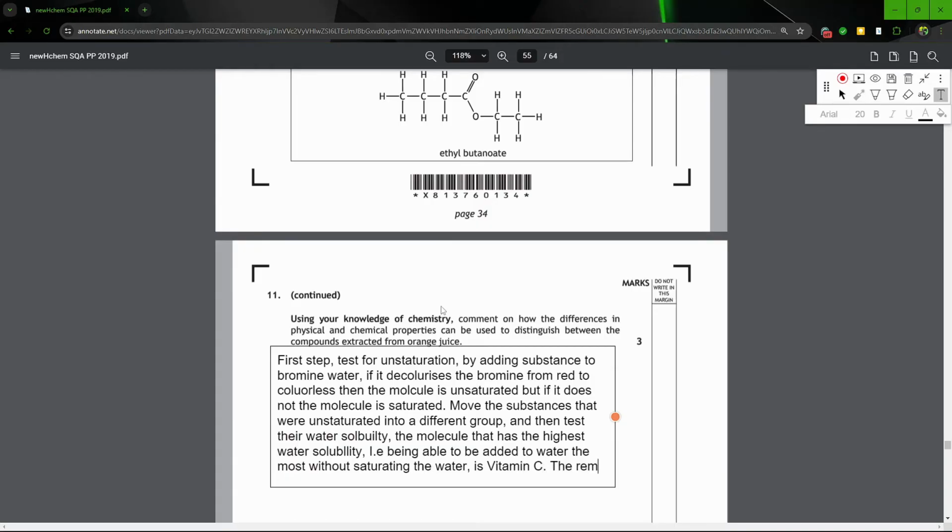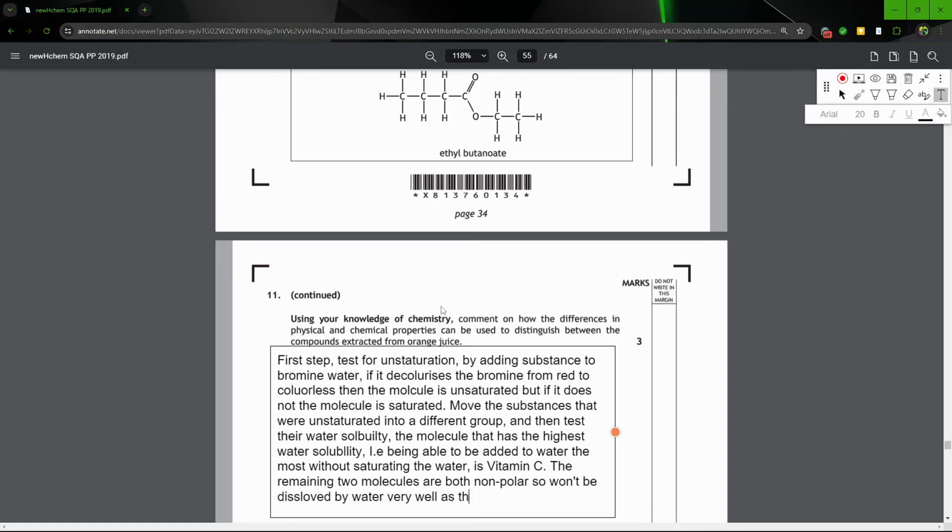The remaining two molecules are both non-polar, so won't be dissolved by water very well as they are insoluble.